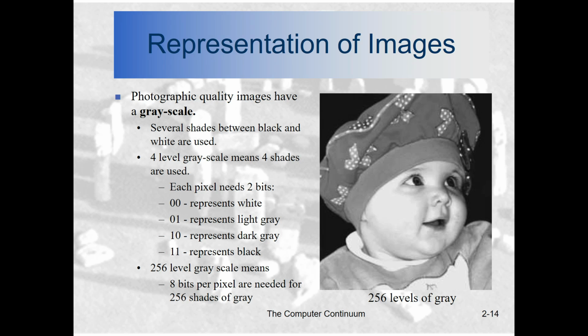In the case of 4 shades, to represent each pixel we need 2 bits. It would be represented as either 00, 01, 10, or 11. So 00 represents totally white, 01 light gray, 10 dark gray, and 11 black. So that's how the grayscale image works.